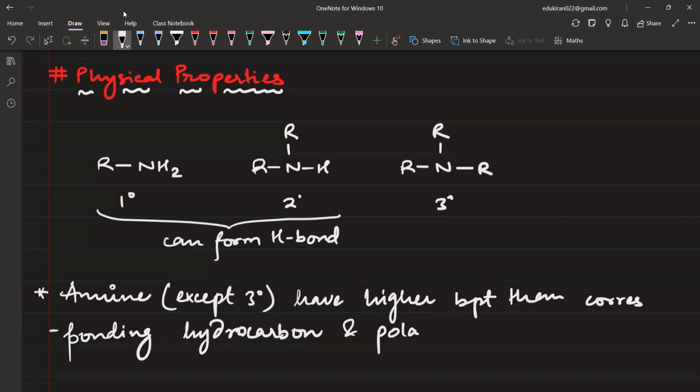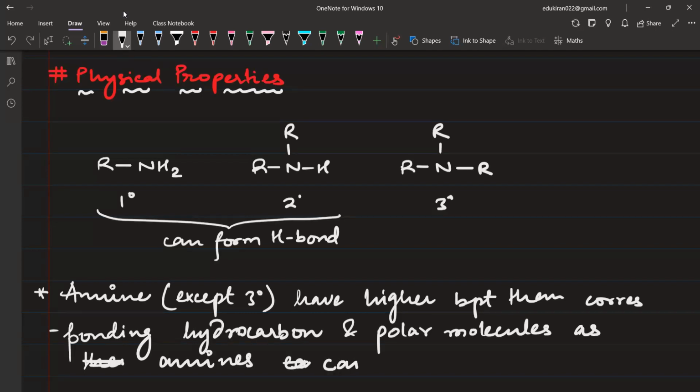And polar molecules, as they can form, मतलब amines है ना, as amines can form hydrogen bonds.